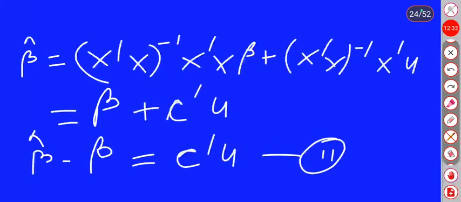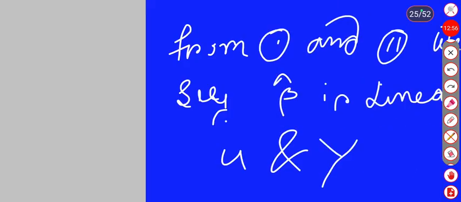So beta hat is equal to x transpose x inverse x transpose x beta plus x transpose x inverse x transpose u. Since A inverse A equals I, only beta is there, plus C transpose u, because we know that C is x transpose x inverse x transpose. So beta hat minus beta is equal to C transpose u.